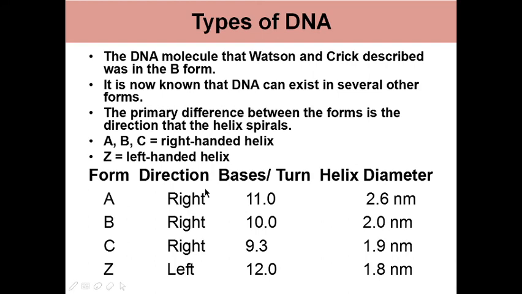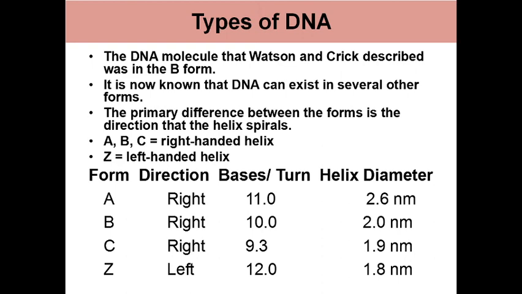A form is also a right-handed helix with 11 base pairs per turn, and the helix diameter is about 26 angstrom or 2.6 nanometer. The pitch of the helix is 2.86 nanometer. Normally A DNA will not exist under normal physiological conditions.